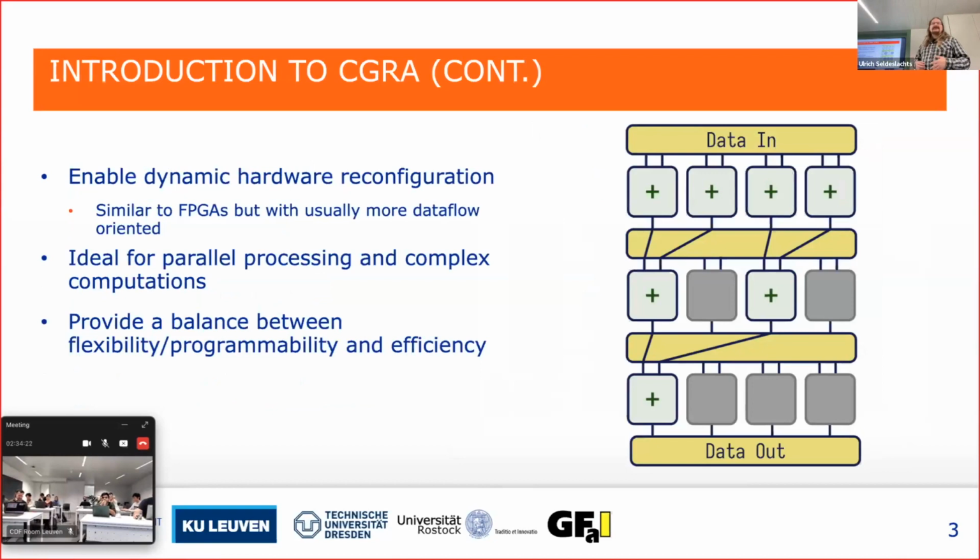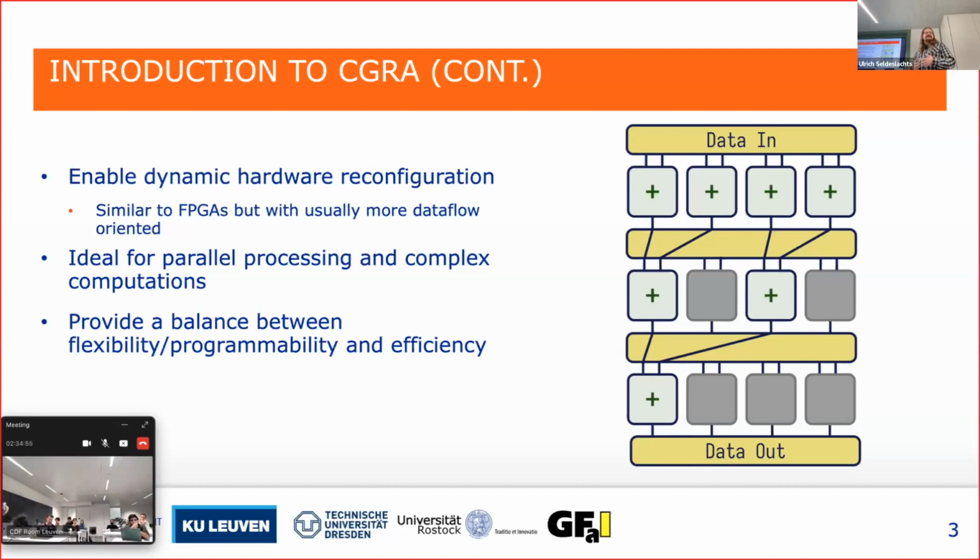To give you an idea how this will work in practice, I have a small example here on the right to see how you would use such an architecture, because they are not very well known. And here, this example just adds up a few numbers. So you have data coming in at the top, going into different adder structures, and at the end, you will get the sum of all the inputs out at the bottom. I think it's pretty clear if you look at how the data is flowing through that, what it's actually doing.